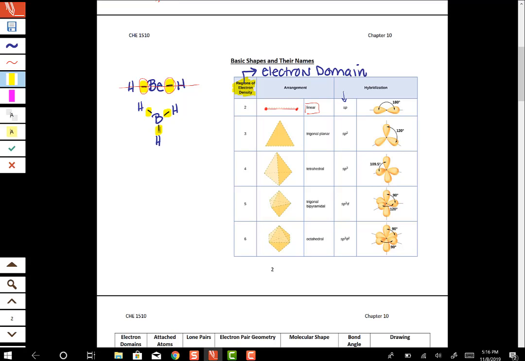And so the hydrogens of the BH3 are going to be as far apart as possible, and if we connect them, they make a little triangle, and it happens that that triangle is all in the same plane, so we call it trigonal planar. Some people might also call it triangular planar, and that's fine.